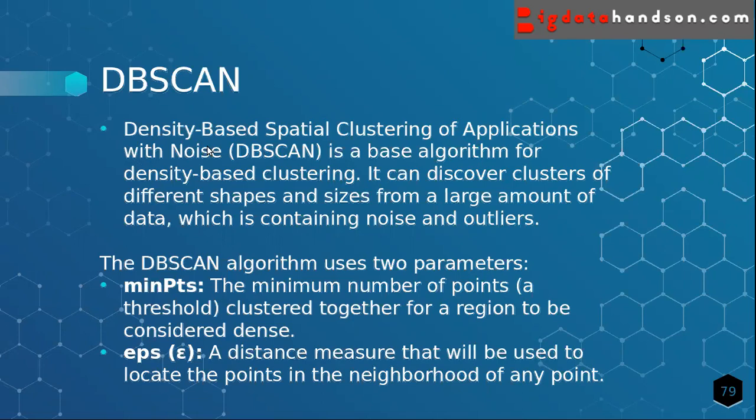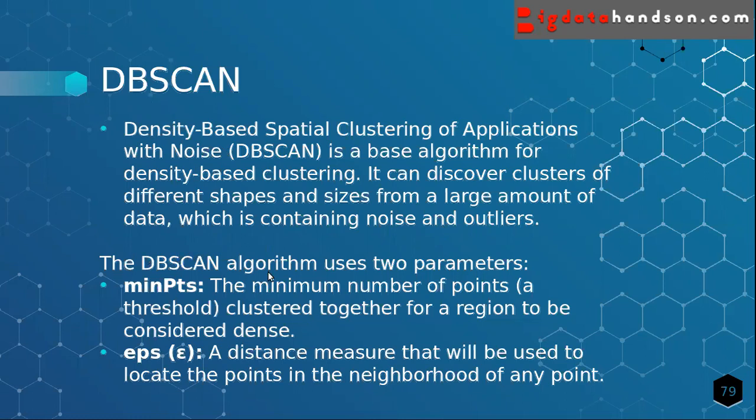So it's a base algorithm for density based clustering. It can discover clusters of different shapes and sizes from a large amount of data which contains noise and outliers. So we have noise and outliers also. The DBSCAN algorithm can capture the noise and outliers.